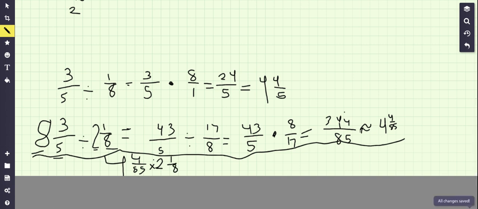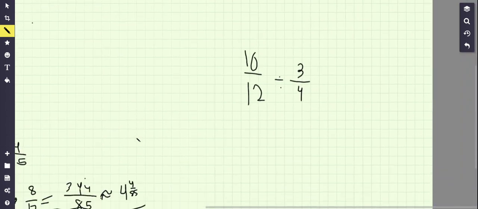If you multiply 4 4/85 times 2 1/8, you get 8.6, and 8.6 is just 8 and 3/5, and we already got 8 and 3/5 here.